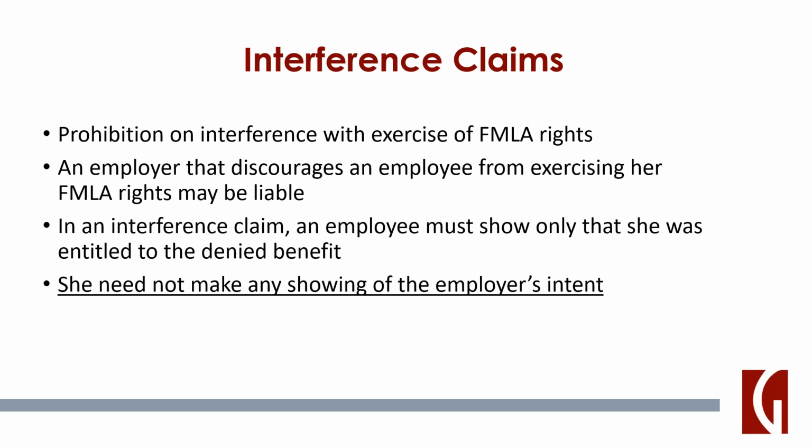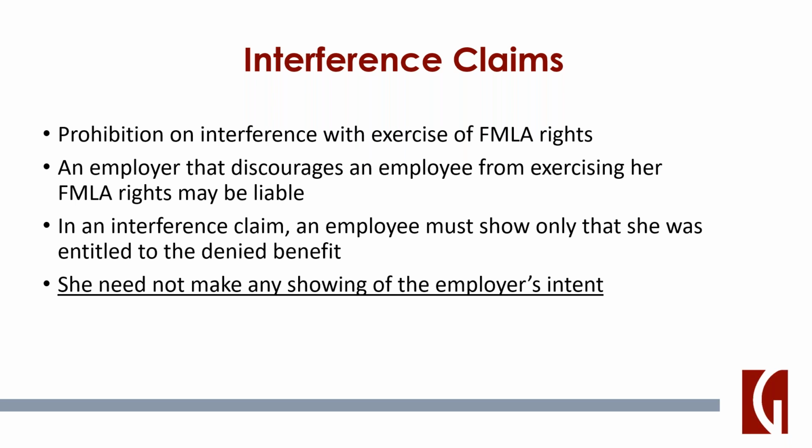So with an interference claim, the employee only needs to show that she was entitled to the denied benefit, and that the employer engaged in some sort of conduct. She doesn't necessarily need to show that the employer intended to interfere or that the employer intended to discourage her from taking the leave, merely that it had that effect.